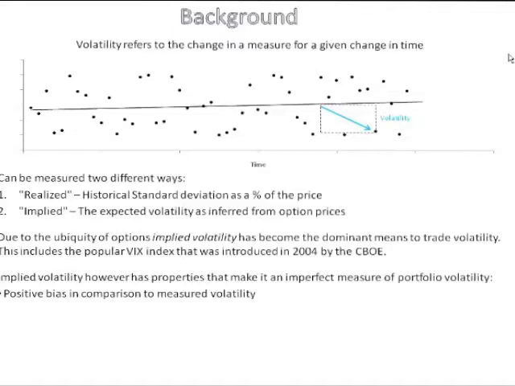That is, if you look at the predicted volatility by the market and compare that to the actual volatility, which can be defined as the standard deviation, that happened after that prediction, you'll see that it actually has a positive bias. That is, investors, based on option values, expect more volatility than what actually happens.